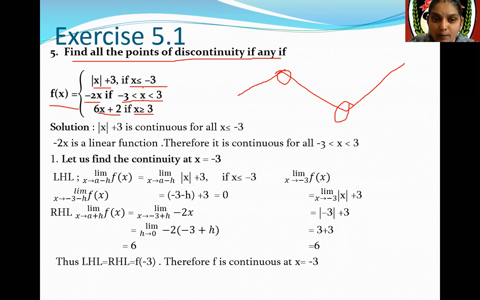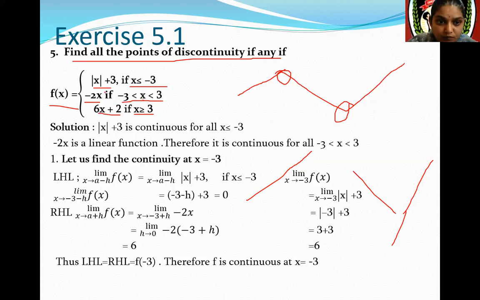But sometimes the curve may break at x equal to minus 3 or x equal to 3. At that time, we'll have one line like this, for minus 2x I may have another like this, and for 6x plus 2 I might have the curve like this. If the graph happens like this, then minus 3 and 3 are the points of discontinuity. Still, we don't know what the points of discontinuity are.